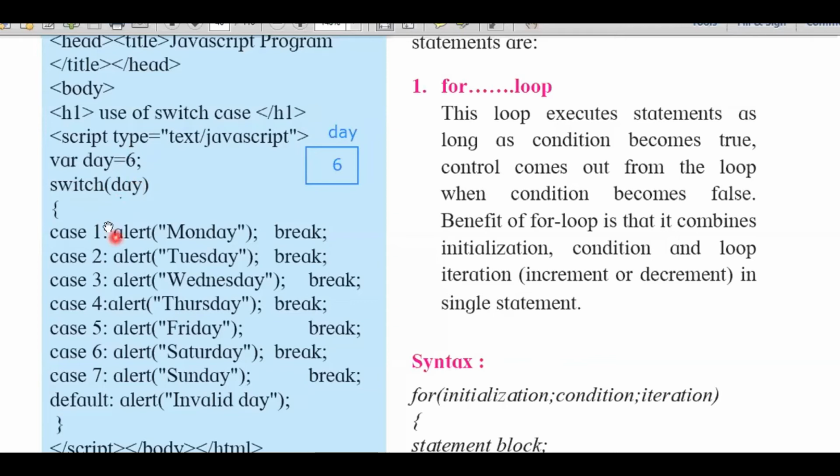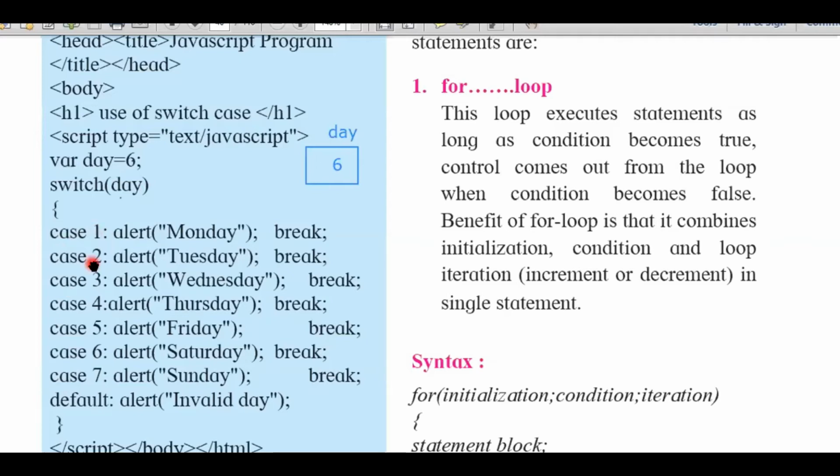Now here different values are given: 1, 2, 3, 4, 5, 6, and 7. Each value is prefixed by the keyword case. So this is case 1, 1 is a value. Case 2, 2 is a value.